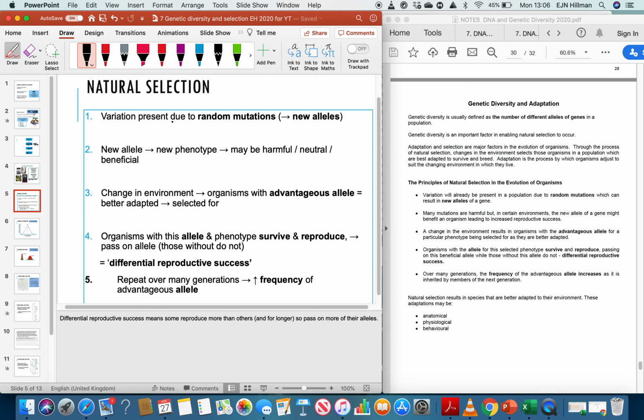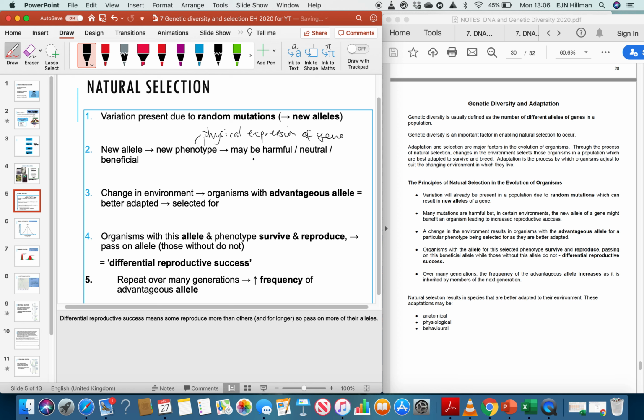So there is variation in a population due to random mutations. Think back to those previous videos that we've watched. Mutations lead to the emergence of new alleles. That new allele provides a new phenotype. Phenotype, remember, is the physical expression of a gene with the influence of the environment as well.